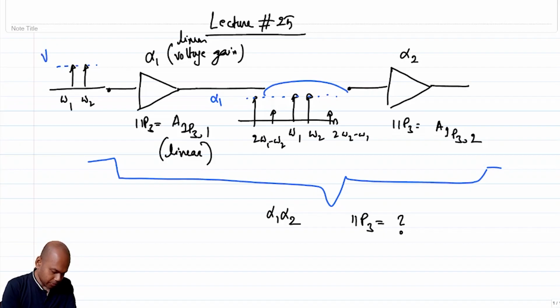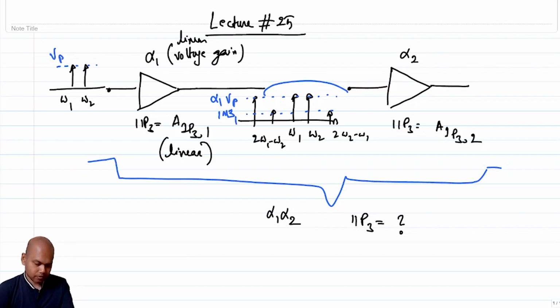If the input amplitude is VP, this will be alpha 1 times VP, and I am going to get some IM3 tone. Let me call this IM3 1.